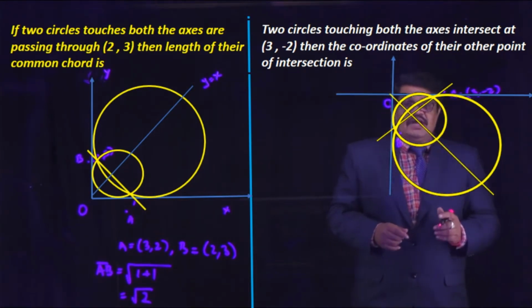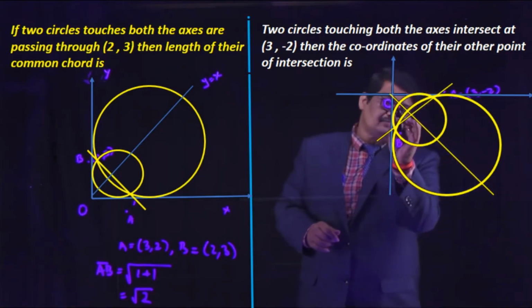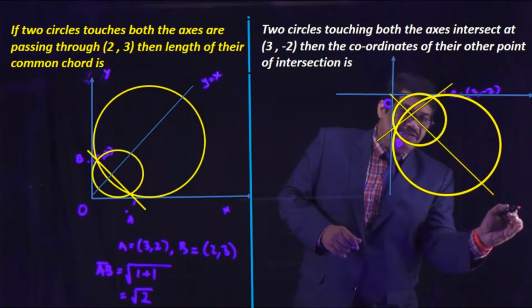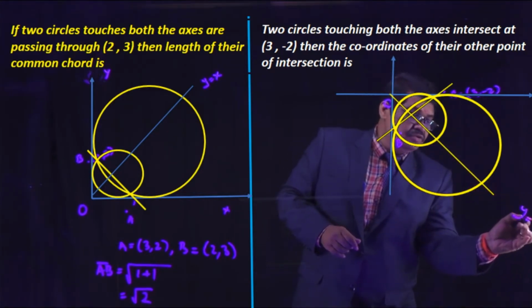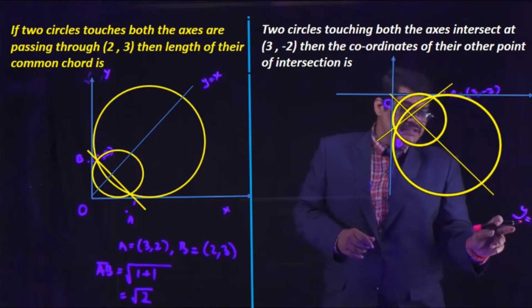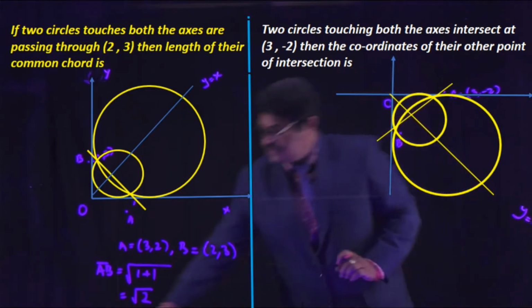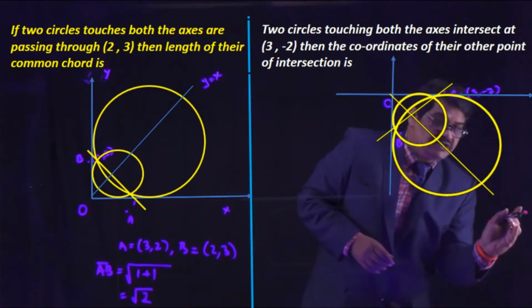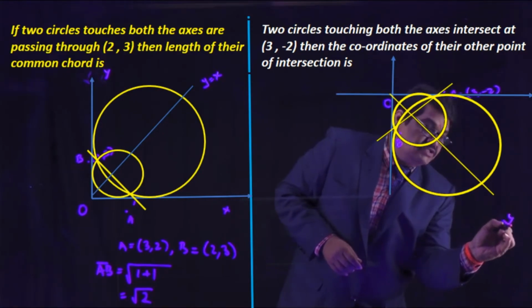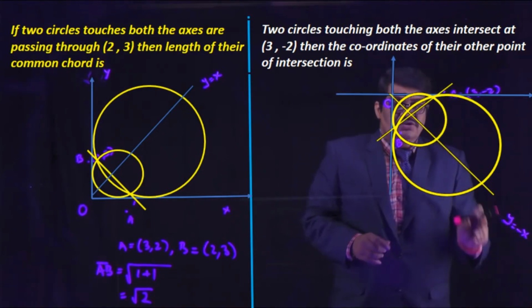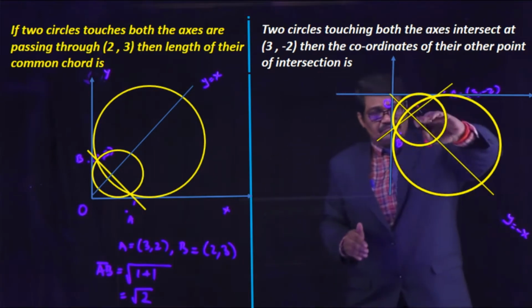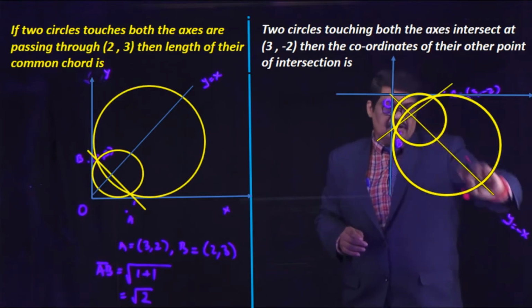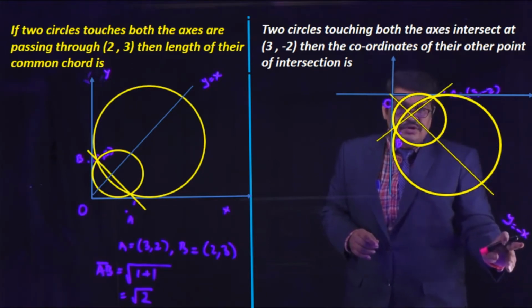Here the line is the bisector of the coordinate axes. The equation of this line is y = -x. This line bisects the coordinate axes.